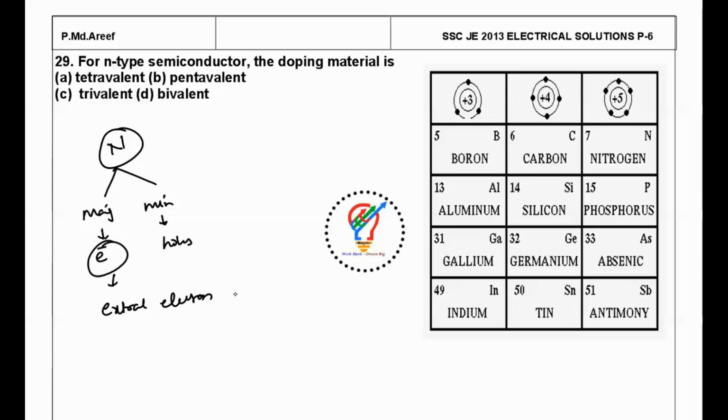Apart from 4 valence electrons, 4 plus 1 is 5, so a pentavalent material should be doped here. For reference, pentavalent means nitrogen, phosphorus, arsenic and antimony. Third group means boron, aluminium, gallium and indium.